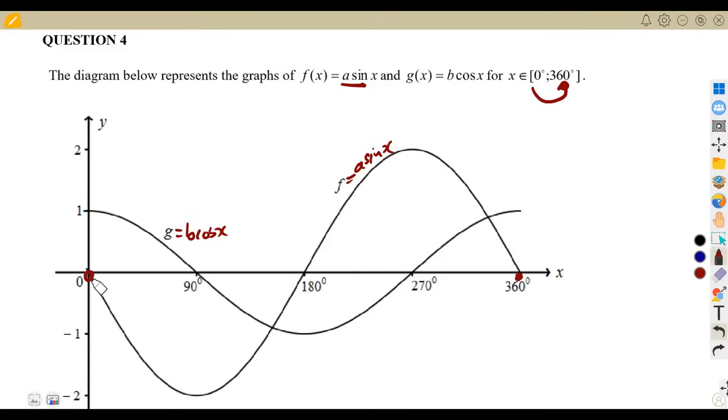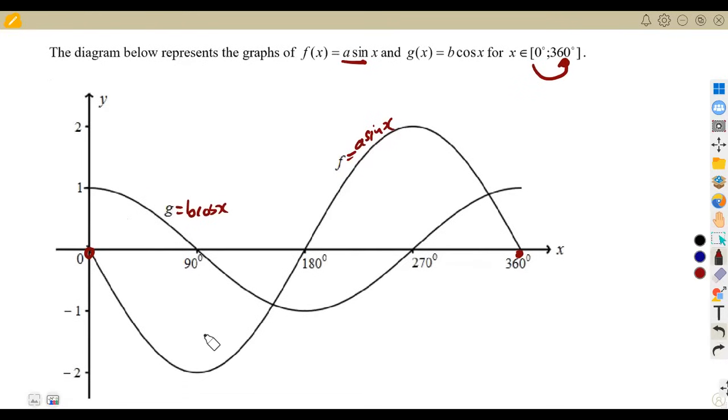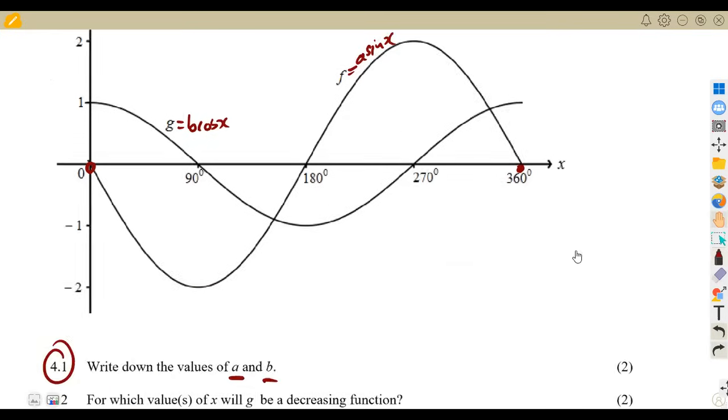At this point, our maximum was supposed to be this side, like this, but we are having our graph the other way. So we are working with the first point of our minimum value. At the minimum value, what we have there is -2. So a is going to be equal to -2 in that case.